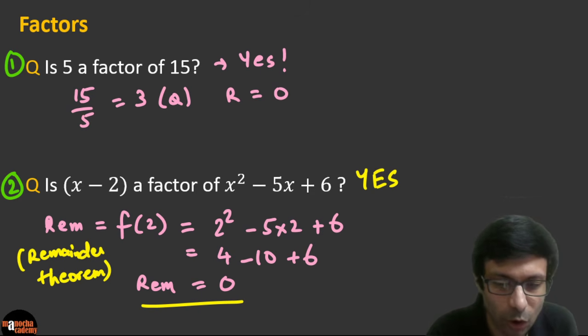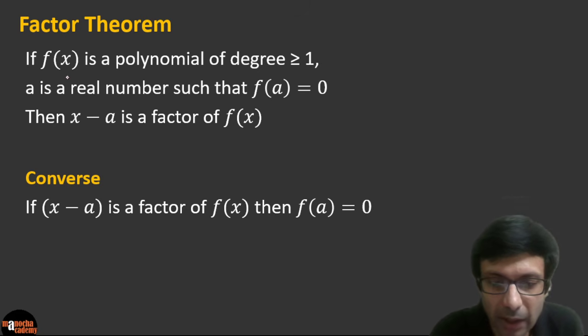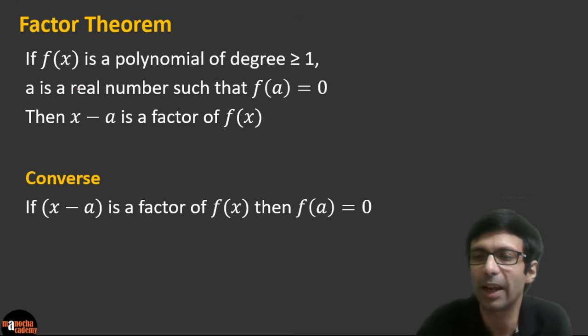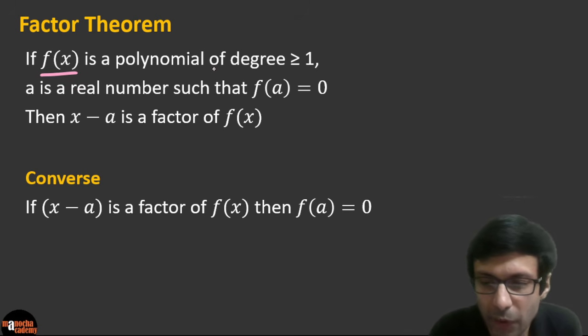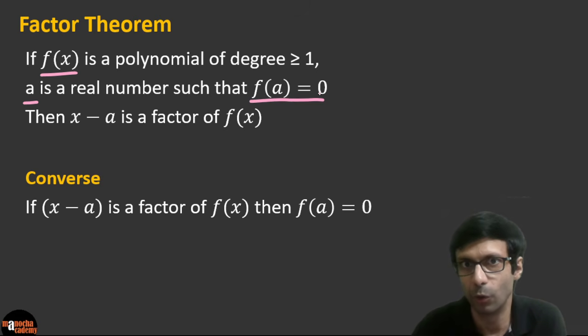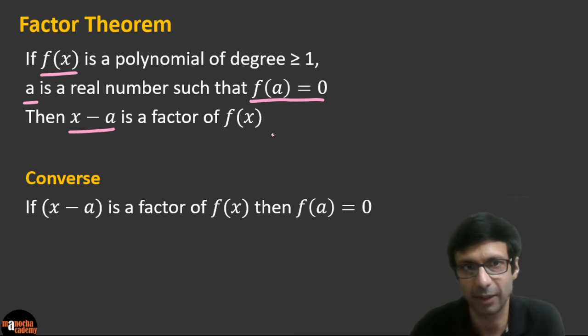Okay, so with that concept, let's move on to the factor theorem. What does it say? That if f(x) is a polynomial, right? Any polynomial that you take, x squared plus 2x plus 3, whatever, a polynomial of degree greater than or equal to 1, and you take a, which is a real number, such that f of a is equal to 0, then we can say that x minus a is a factor of f(x).